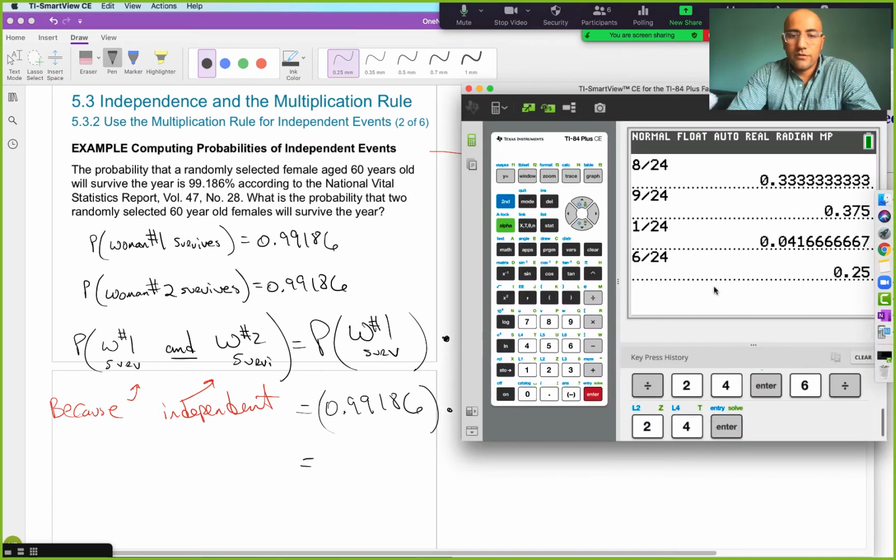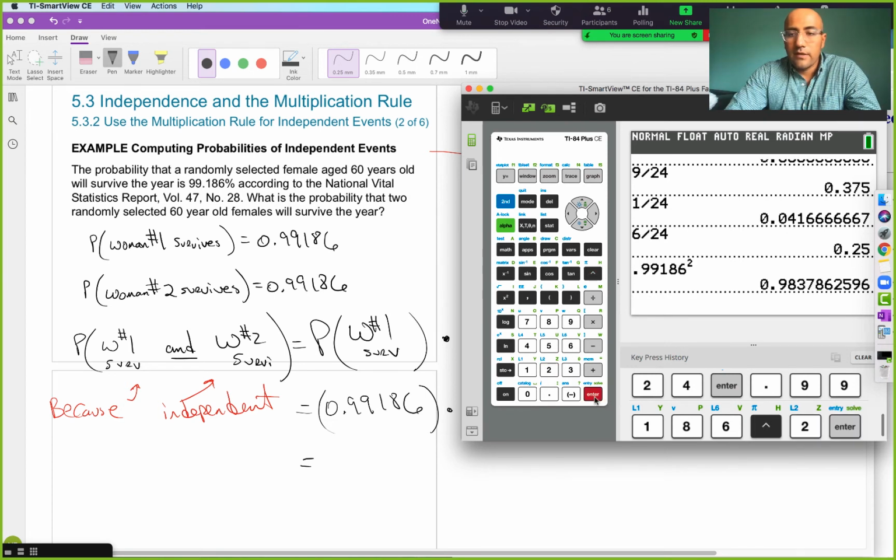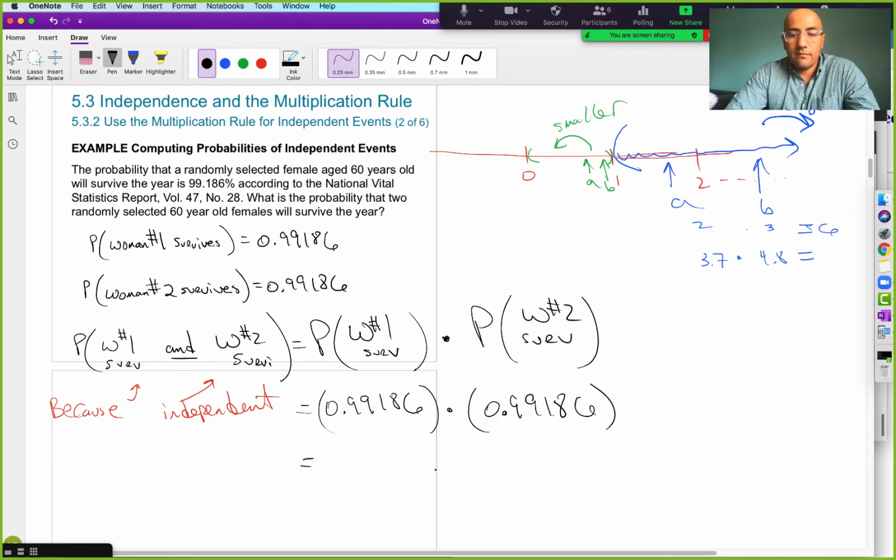Questions? So 0.99186 to the power of 2, squaring it, I get that it gets a little smaller: 0.9838.